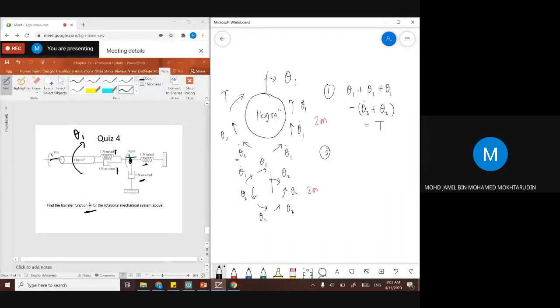And equation 2, negative theta 1 dot plus theta 1 plus theta 2, 2 theta 2 dot plus 2 theta 2 equals 0.